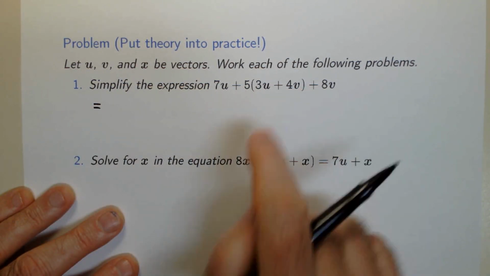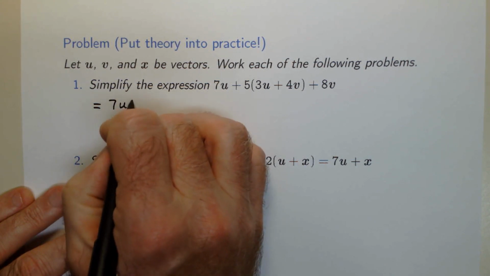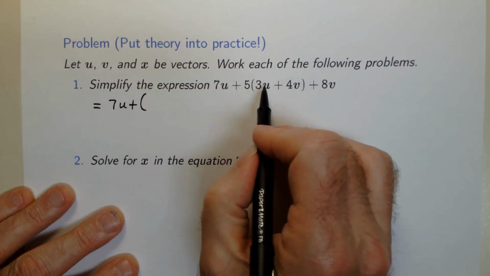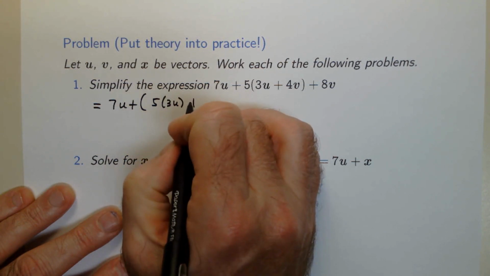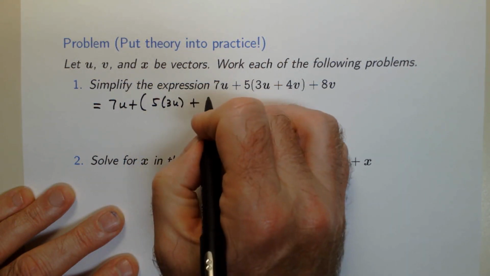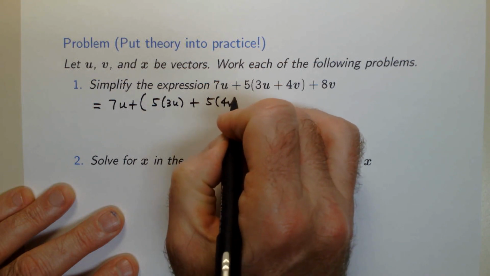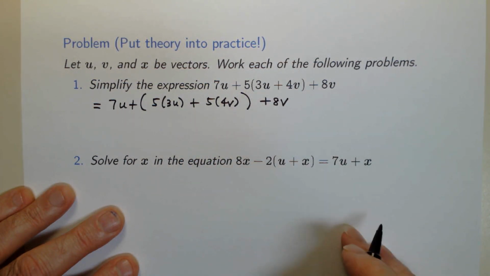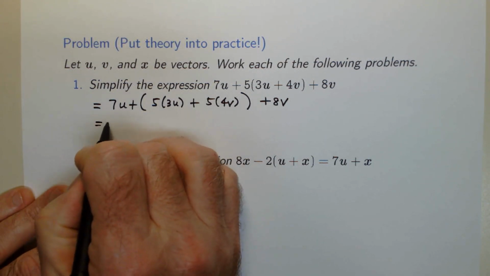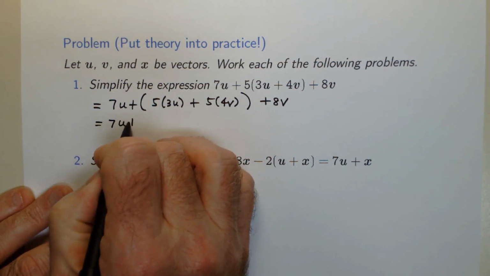So this will be equal to 7u. I'll keep the parentheses here at this point. I'll have 5 times 3u and 5 times 4v, and then I'll be adding on 8v, still working inside these parentheses.